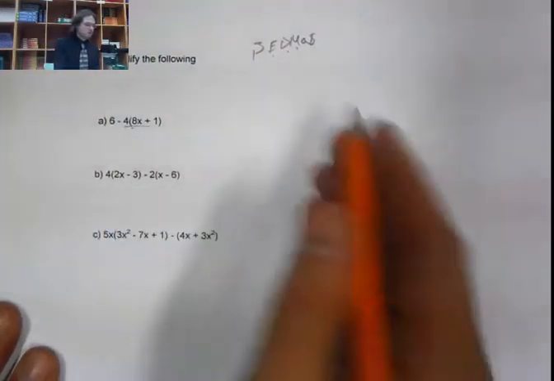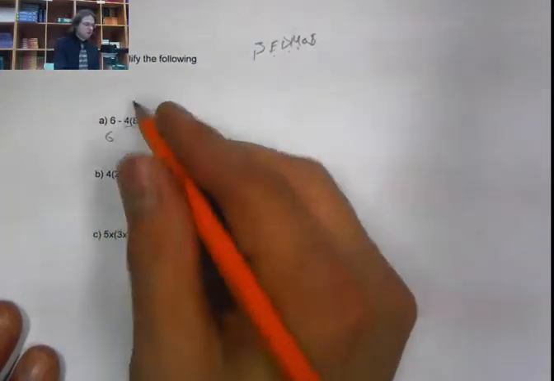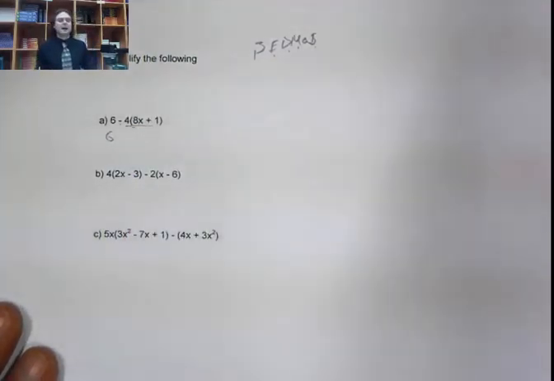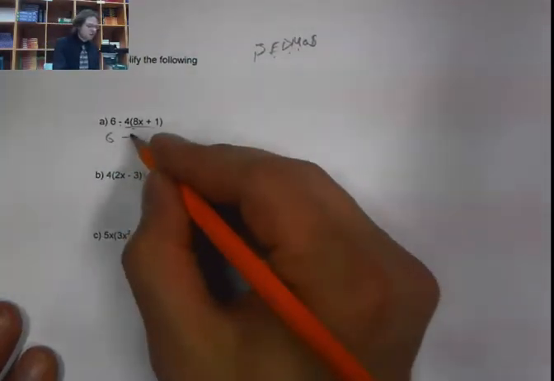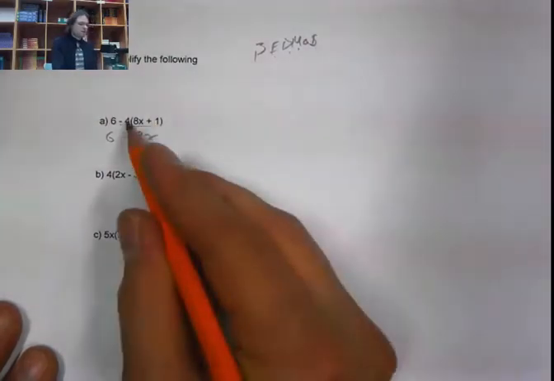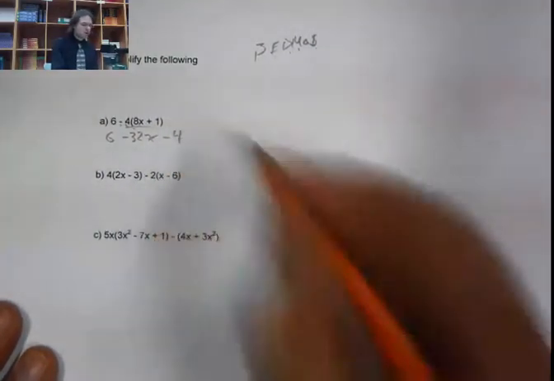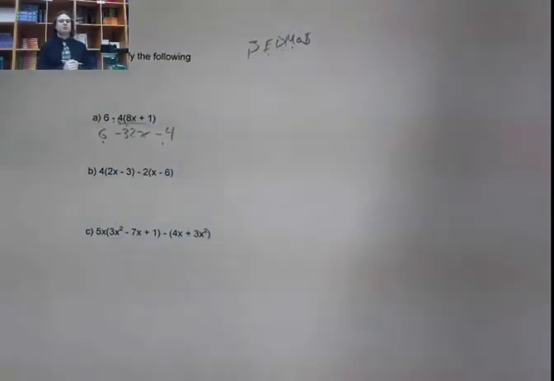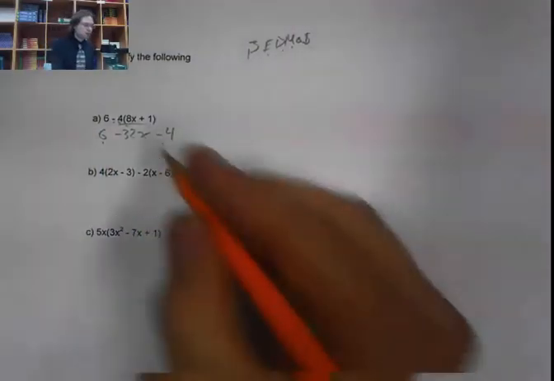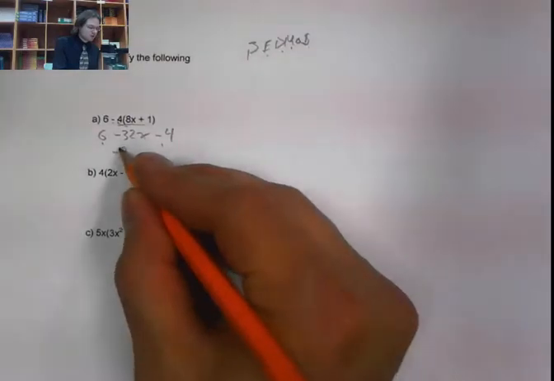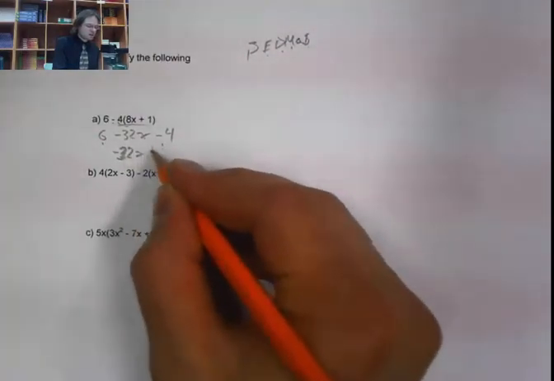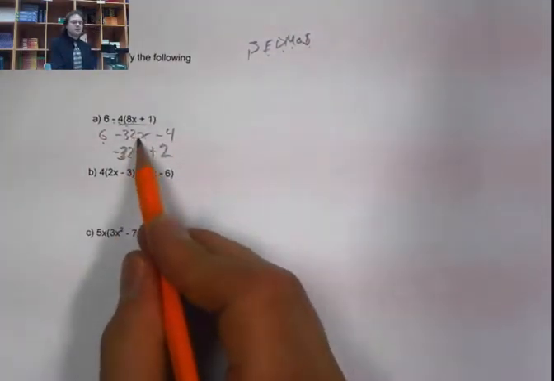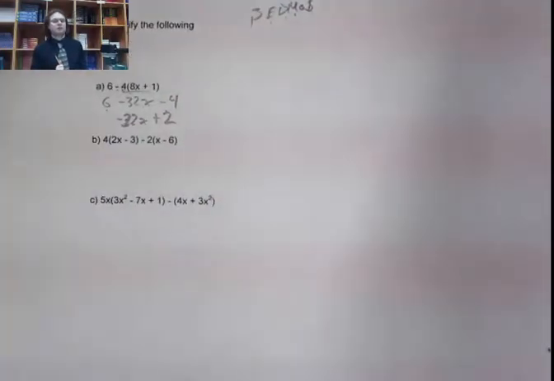So we're first going to do, we have 6, and then I have to go negative 4 multiplied by 8x is going to give me negative 32x. Then negative 4 multiplied by 1 is minus 4. Now I simplify this, I'm going to have a 6 and I subtract 4, which will give me positive 2. So it's going to be negative 32x plus 2. Okay, because this has an x, this can't be combined to those other two.